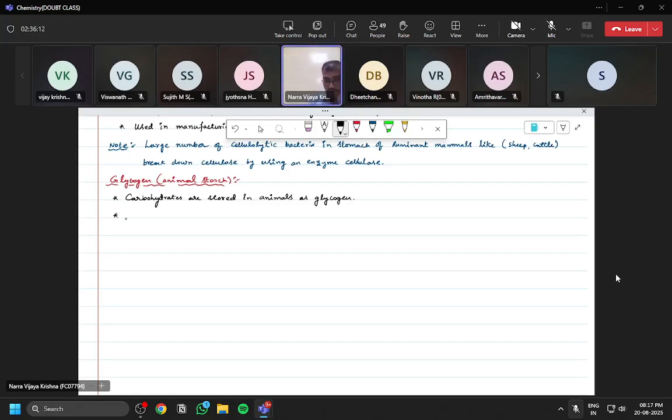Its structure is similar to amylopectin, but more branched.